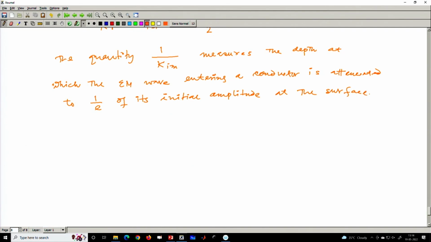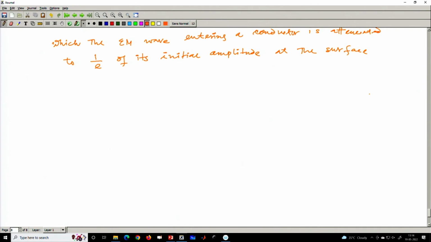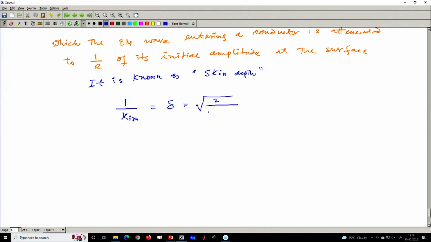So, it is known as skin depth. So, 1 by k im is equal to delta, the skin depth, and can be defined as the square root of 2 divided by omega sigma mu.